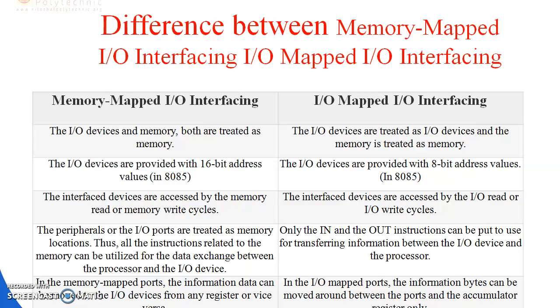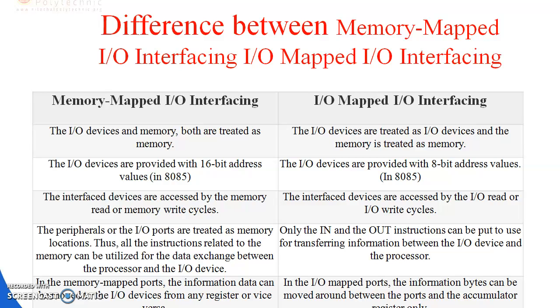Thus, all the instructions related to the memory can be utilized for the data exchange between the processor and the input-output device. In I/O mapped I/O interfacing, only the IN and the OUT instructions can be put to use for transferring information between the I/O device and the processor.